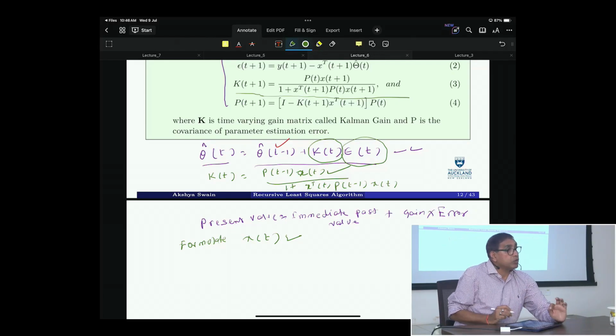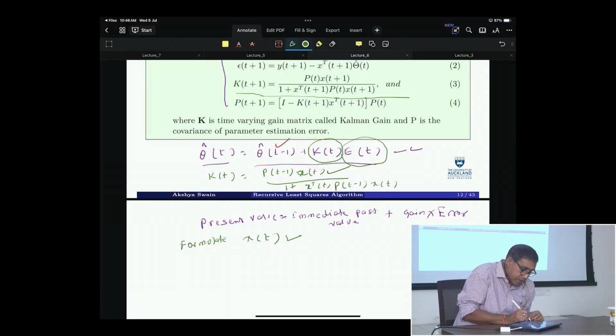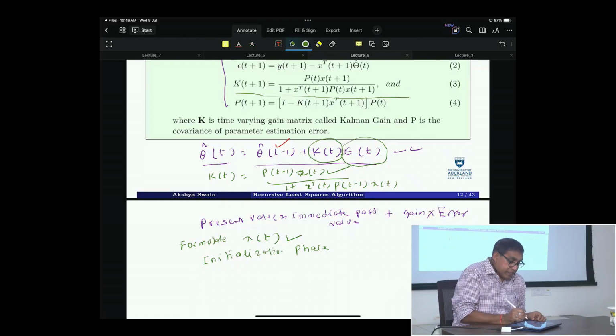Not only that, in all the recursive algorithms, there must be some initialization phase where you assume what is theta cap 0, p 0.